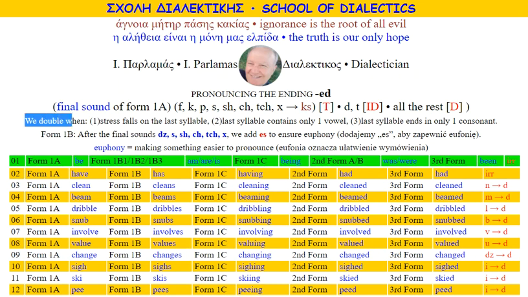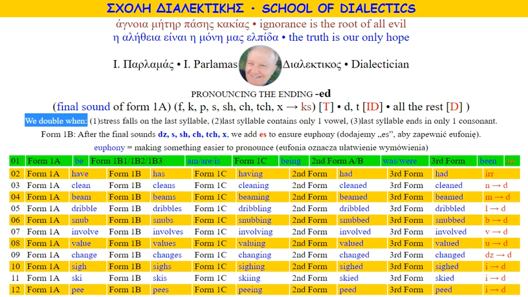And this is what we're saying here. We double when these three conditions hold simultaneously. They have to hold simultaneously. If one of those breaks, then we do not double.